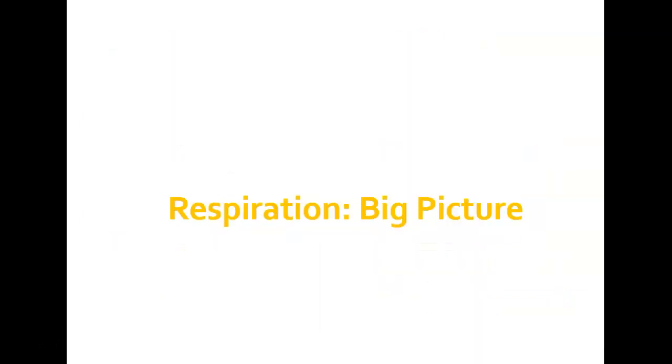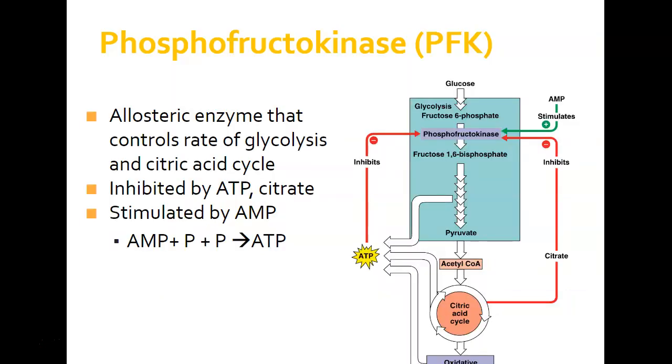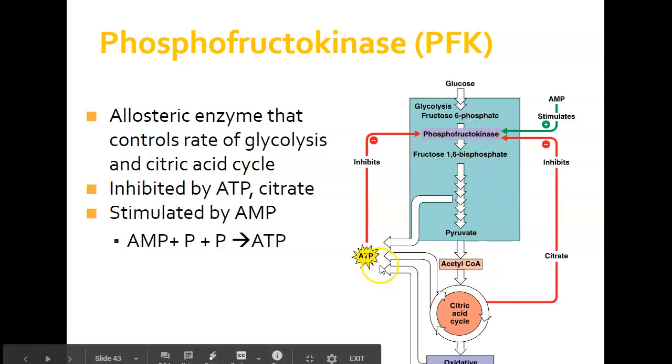This last slide here relates to feedback inhibition. So at the end of this overall process, we have an enzyme here, phosphofructokinase, that is inhibited by ATP and citrate also. But the idea here is that if you've made enough ATP, let's say your cell is fully charged, ready to go, or you have a lot of citrate, those things do feedback inhibition.